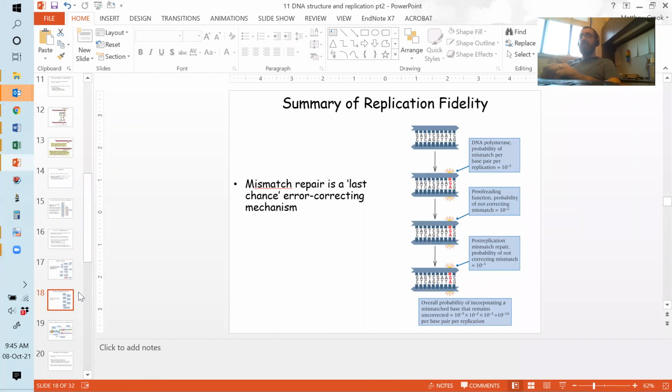If you consider a bacterium has, I don't know, a genome in the millions of base pairs, you're looking at tens to hundreds of mutations per round of division. Bacteria replicate really quickly. If that was in a multicellular organism, our genome is 6 billion nucleotides.